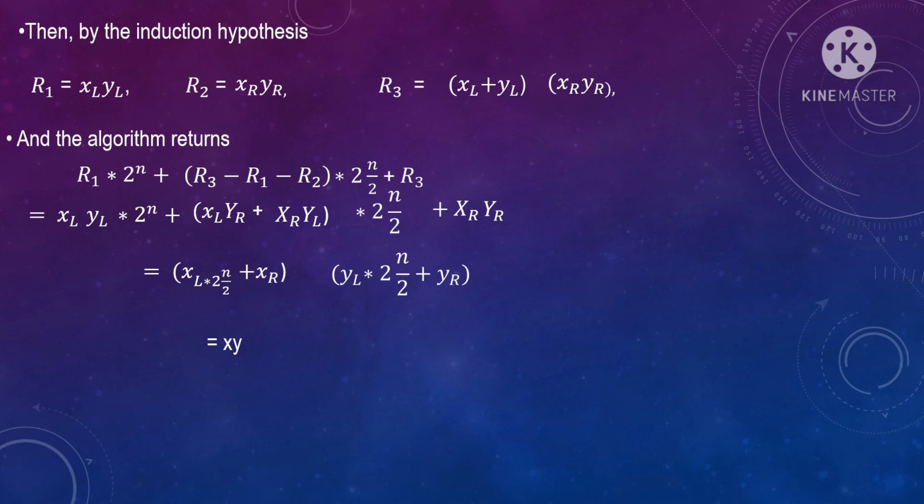And the algorithm returns R1 times 2 to the n plus (R3 minus R1 minus R2) times 2 to the n over 2 plus R2, which is equal to XL YL times 2 to the n plus (XL YR plus XR YL) times 2 to the n over 2 plus XR YR, which is equal to (XL times 2 to the n over 2 plus XR)(YL times 2 to the n over 2 plus YR), which is equal to XY.